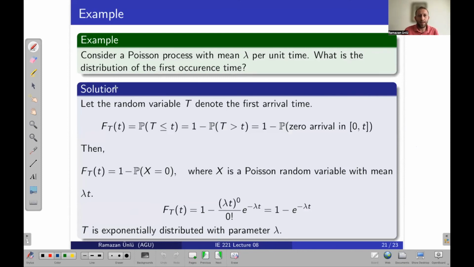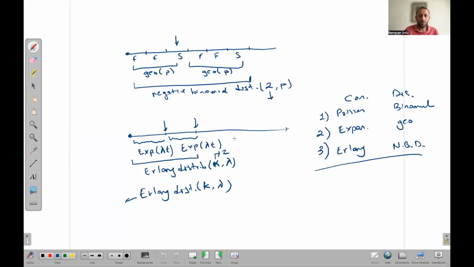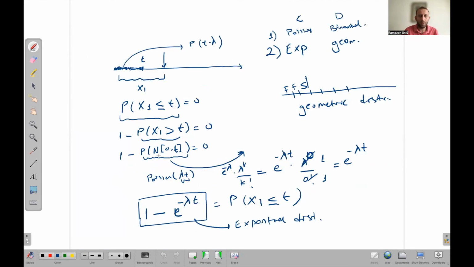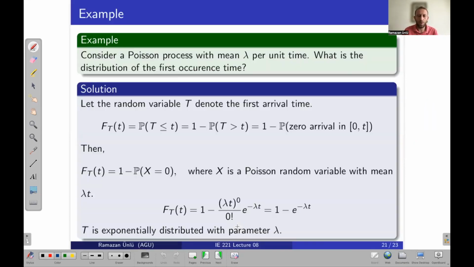And we can say that the question was: consider a Poisson process with the mean lambda per unit time, and what is the distribution of the first occurrence time. Remember that this is the continuous case, okay? And remember that the first success occurrence is about the exponential distribution, okay?